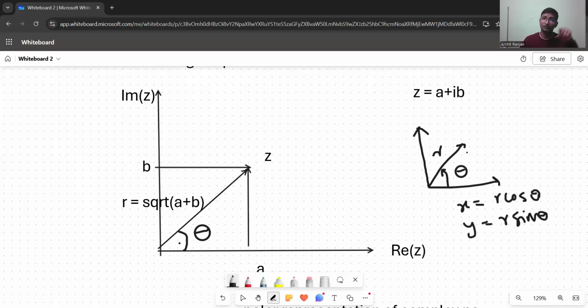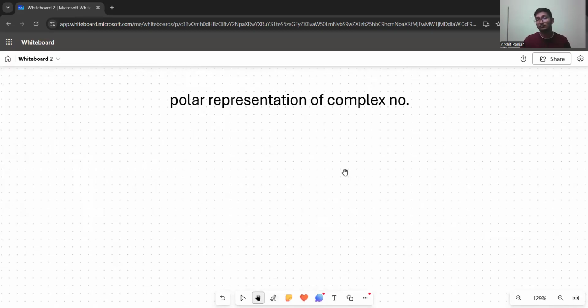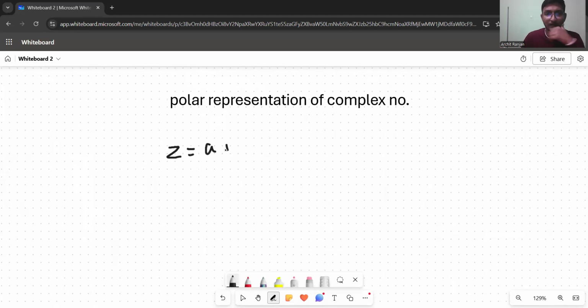Same thing we'll be using for the complex numbers. That is the polar representation of a complex number. Basically, we had z is equal to a plus iota b, right? So from the earlier polar system, we saw that a would become r cos theta and b would become r sin theta.